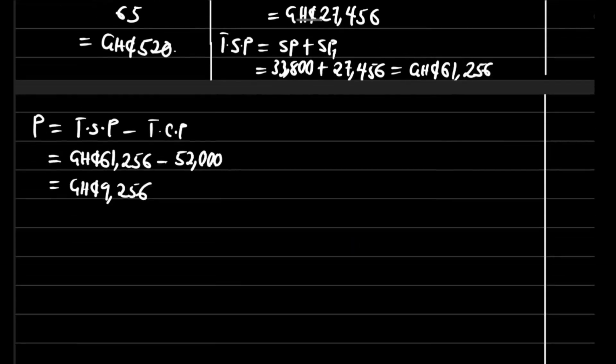9,256. Once we have that, we can say that our profit percent for the whole transaction is, formula wise, profit divided by the cost price, multiplied by 100.